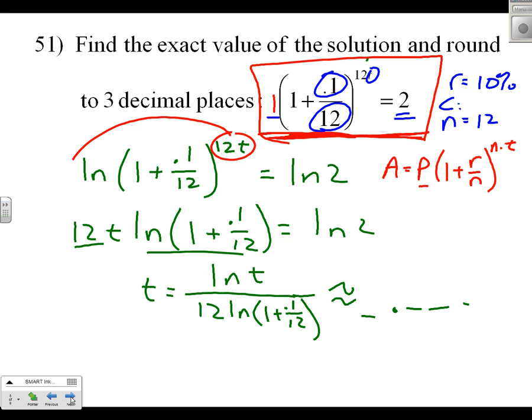Or how long would it take an investment to double at 10% interest rate, compounded monthly? So the answer you get to this may be of some interest to you. Hope you can find a 10% investment right now in this current economic climate.